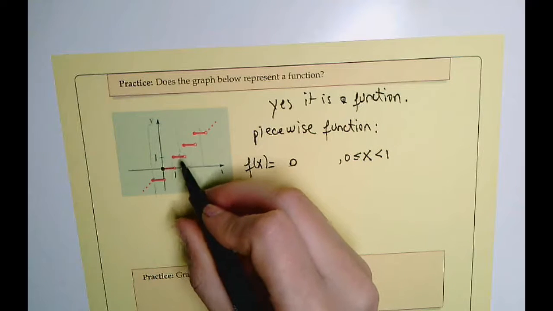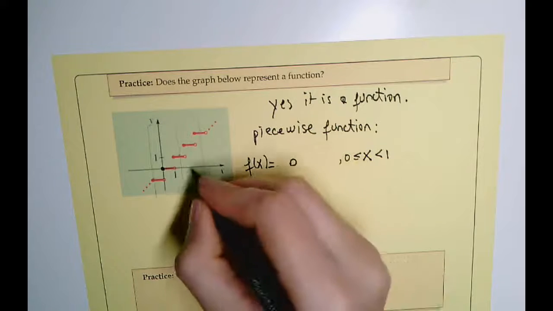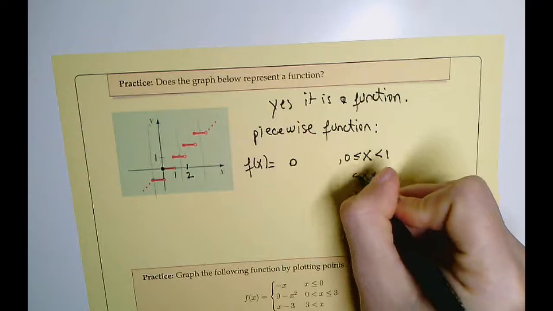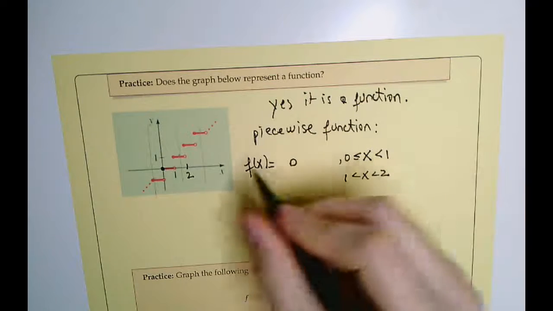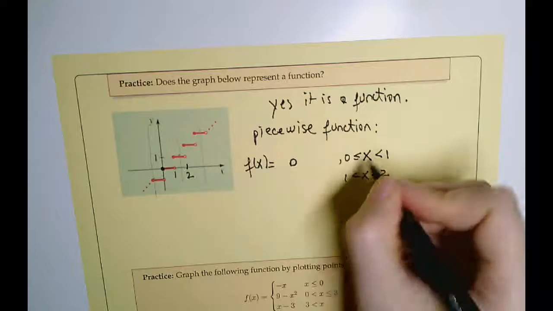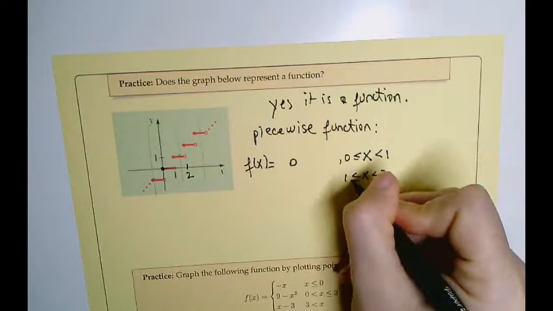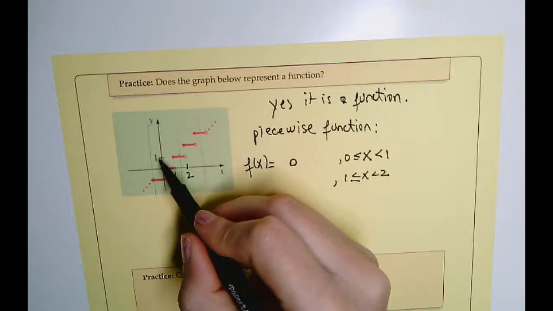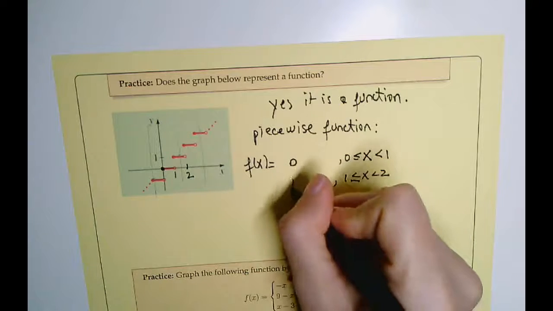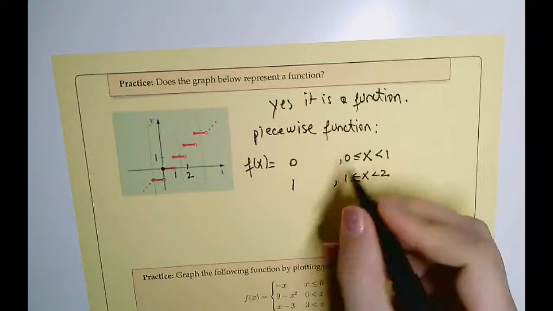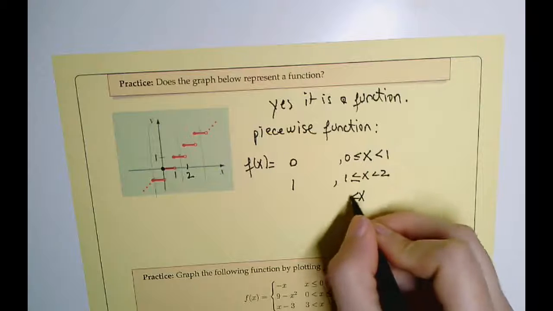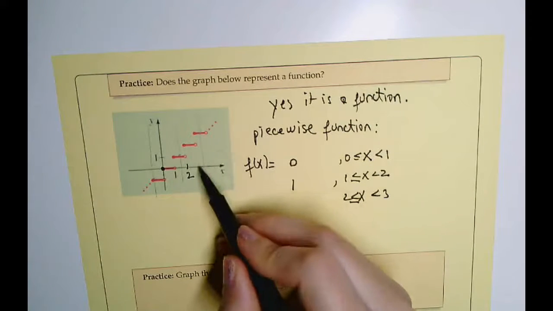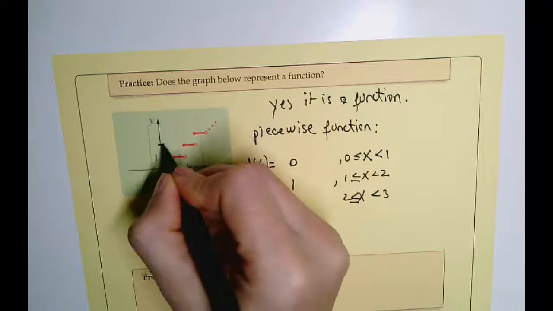What about the next piece? When x is between 1 and 2, not including 2, but including 1. What is the function there? Well, it's a horizontal line with value 1, so it's 1. And so on. When x is between 2 and 3, not including 3 and including 2, you'll see that the function value is 2.